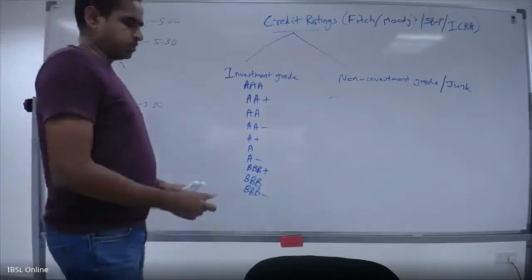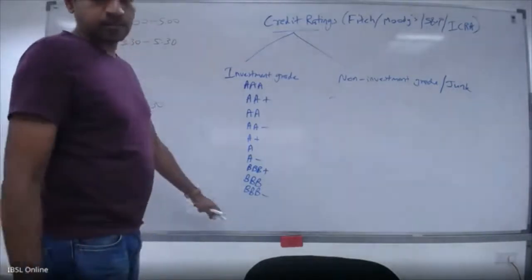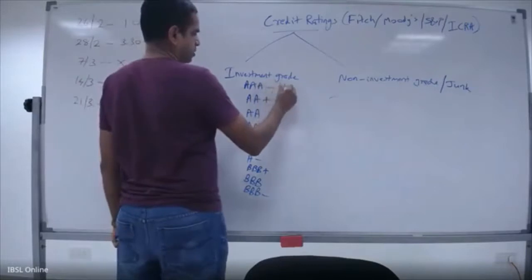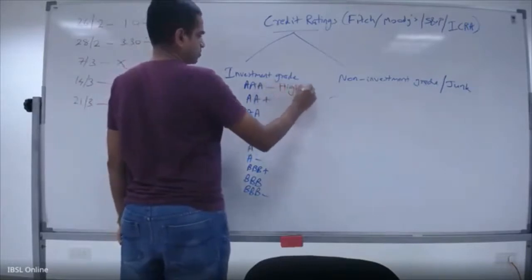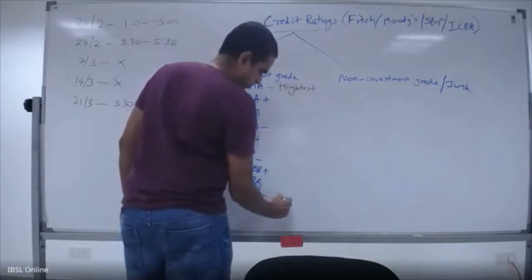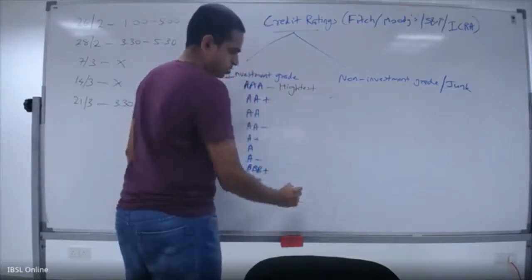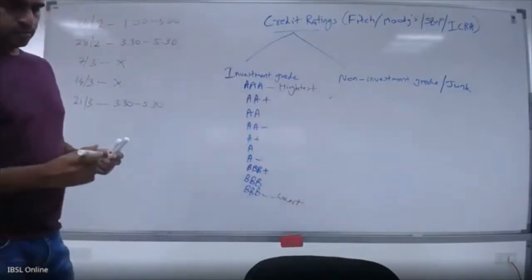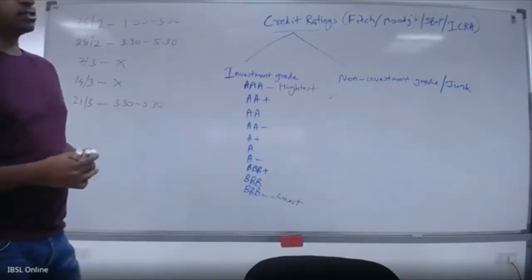The lowest possible investment grade is triple B minus. Triple A is the highest possible investment grade. Triple B minus is the lowest investment grade. Anything below triple B minus is classified as non-investment grade.